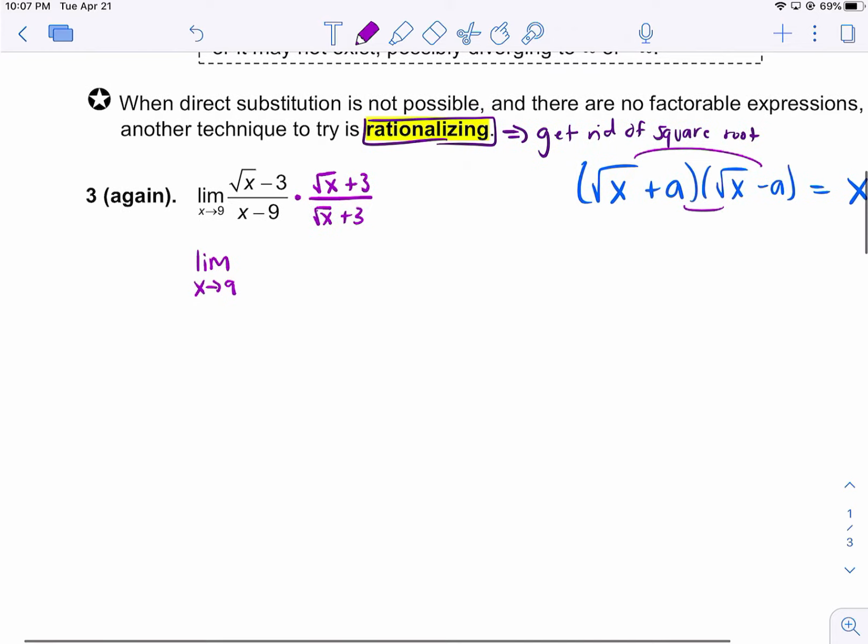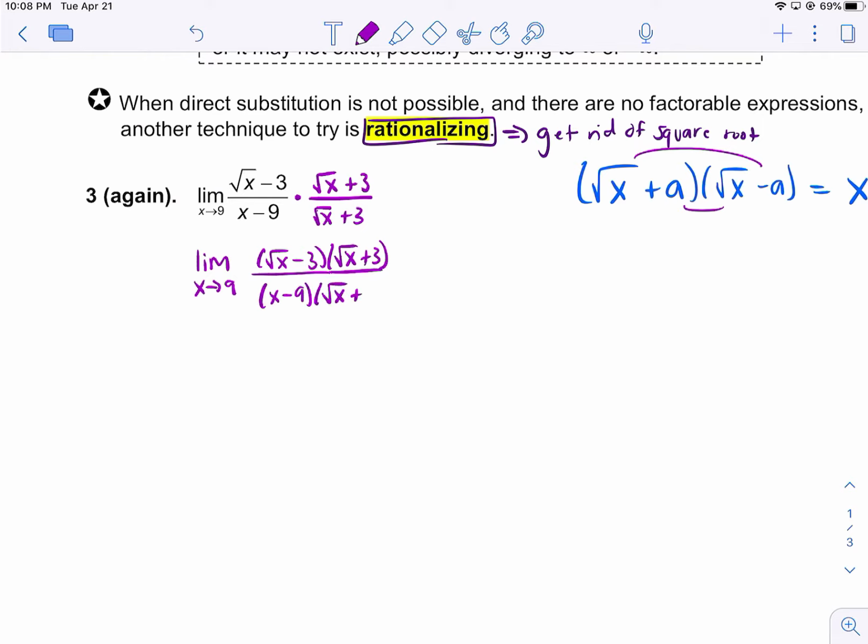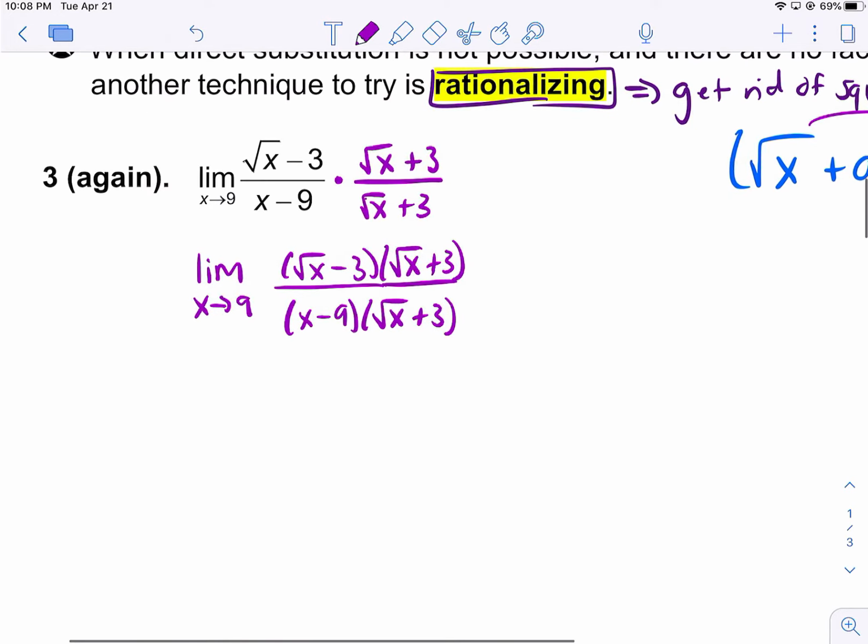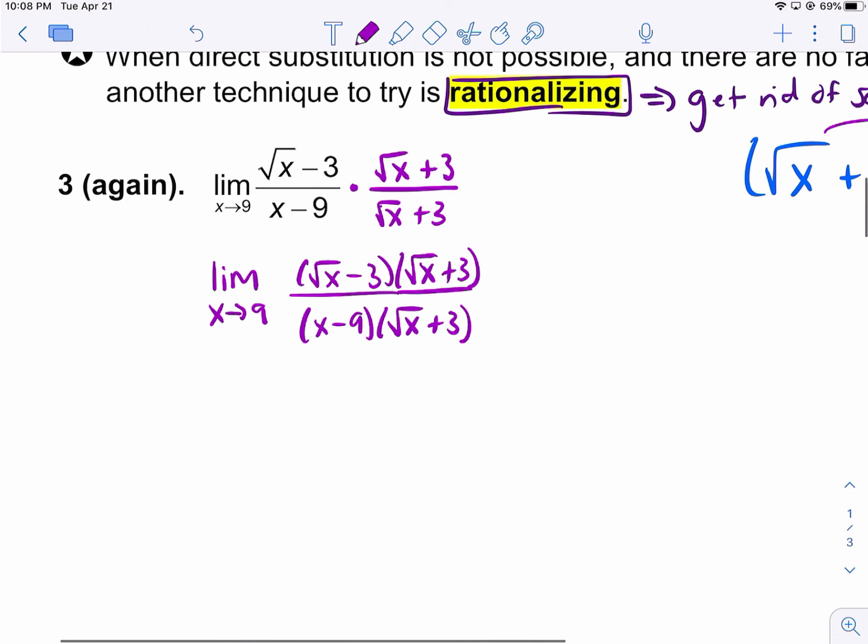So now this becomes the square root of x minus 3 times the square root of x plus 3, and then x minus 9 times the square root of x plus 3. For the sake of this problem, I would encourage you to leave that denominator, or whenever we have terms multiplied with square roots, don't distribute it out. Leave it like this.